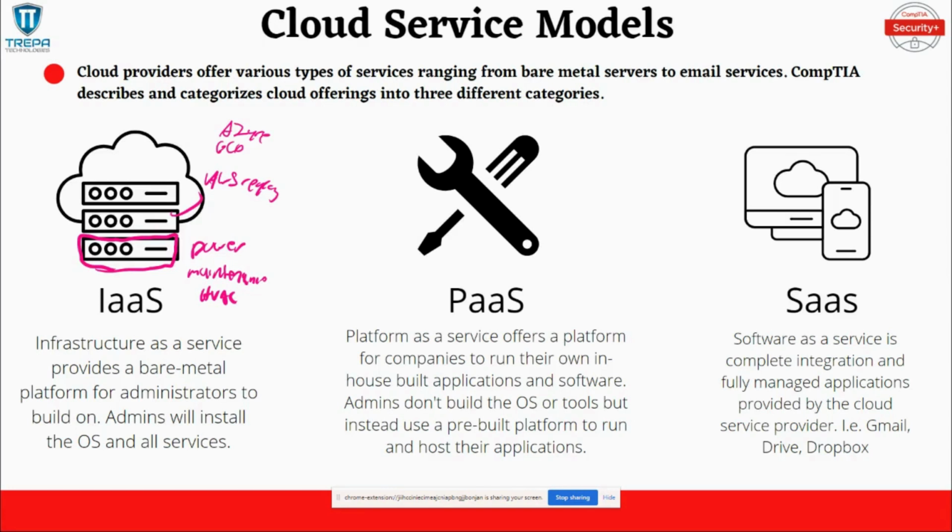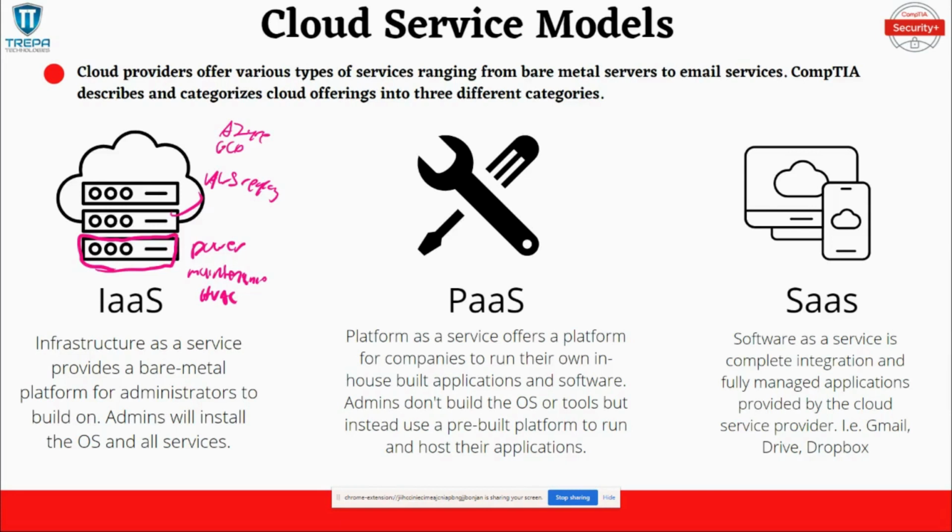And the last one we're going to talk about is SaaS, Software as a Service. This one is very common, and you use it every day without even realizing it. Software as a Service is complete integration in fully managed applications delivered to your enterprise from the cloud service provider.